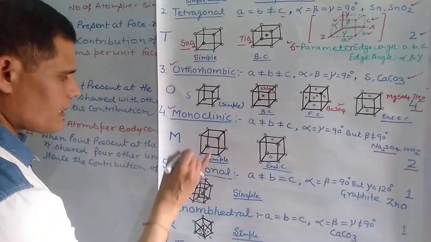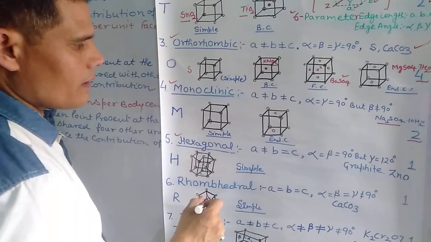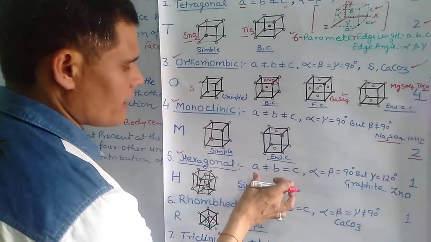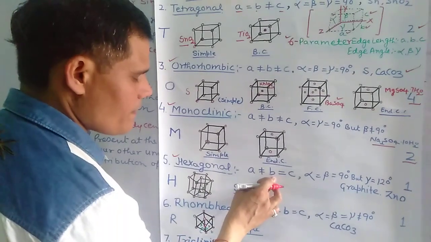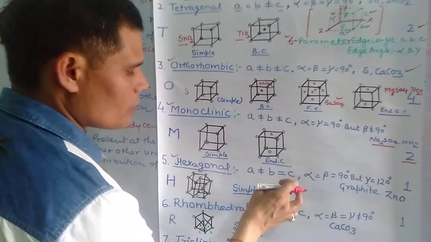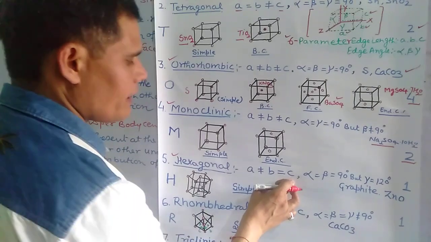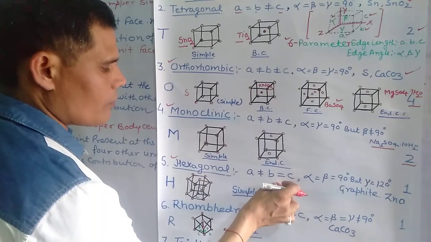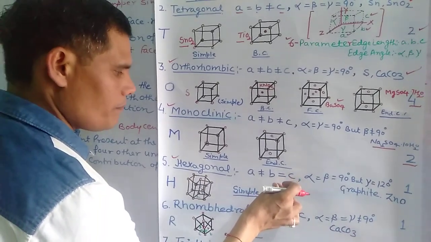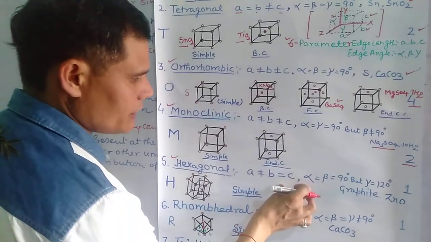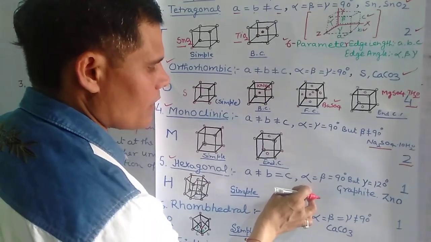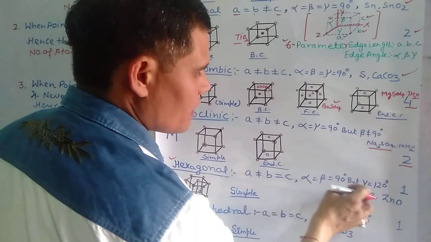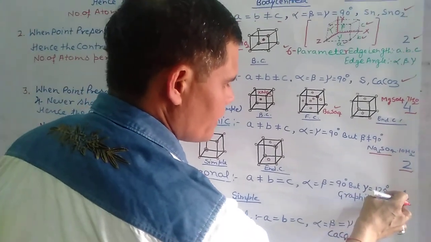Next one is hexagonal. Hexagonal is identified when A not equal to B and B equal to C. It means these are the edge lengths. When A as length is not equal to B but B as length is equal to C, and alpha equal to beta and these are equal to 90 degrees but gamma equal to 120 degrees.